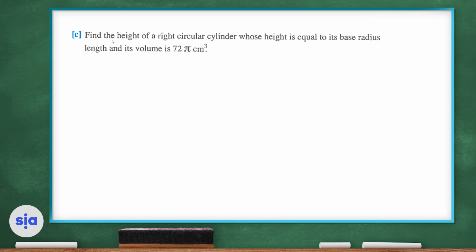Part C, find the height of a right circular cylinder whose height is equal to its base radius length, and its volume is 72 pi. So, the volume of the cylinder is pi r squared h, which is given as 72 pi. If you cross out the pi's together, then r squared h equals 72. And it's given in the question that the height is equal to the radius.